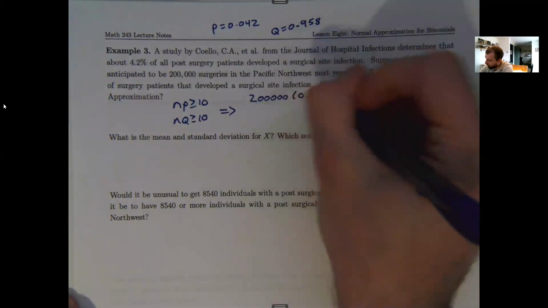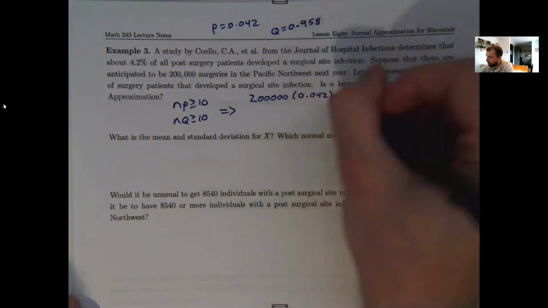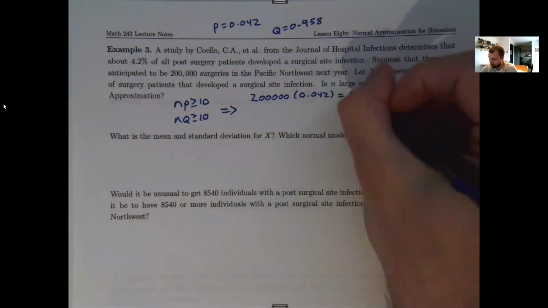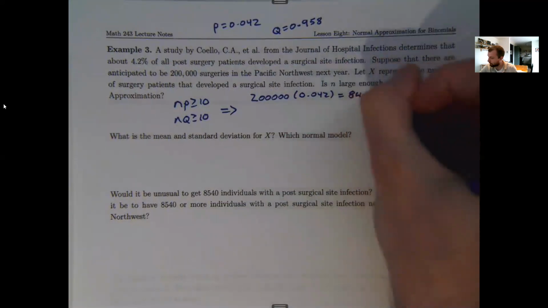So I'm going to multiply this by 4.2%, and let's see what we get. I just want to make sure that this is a number that is going to be bigger than 10. And when I do this, I get 8,400.